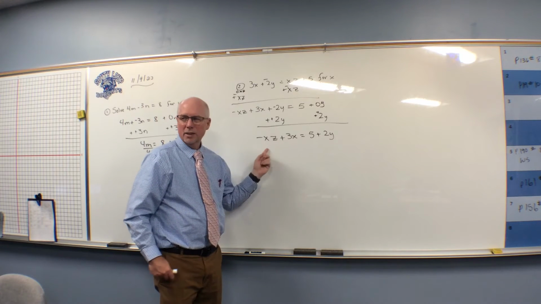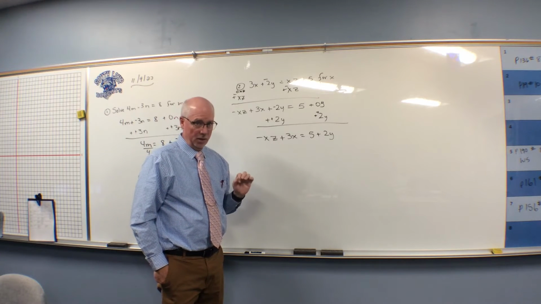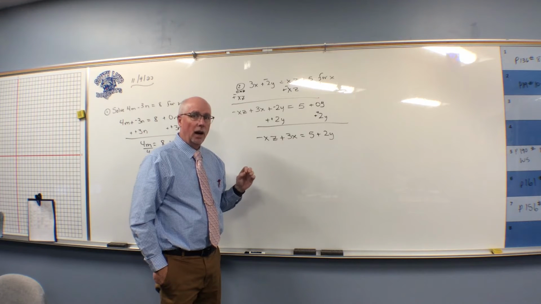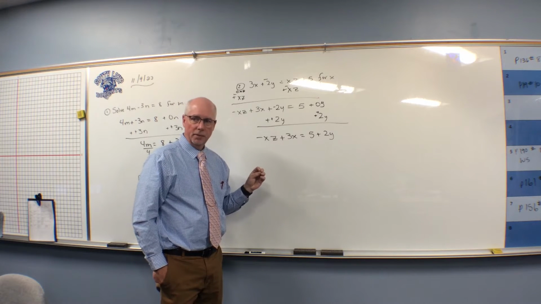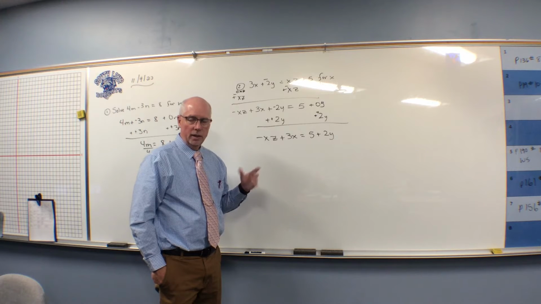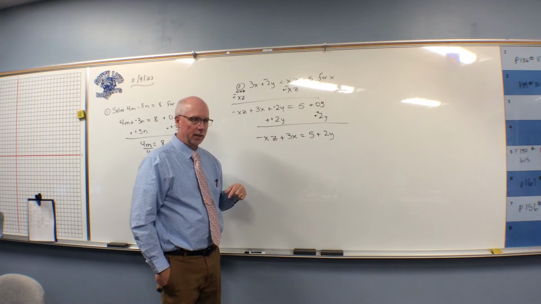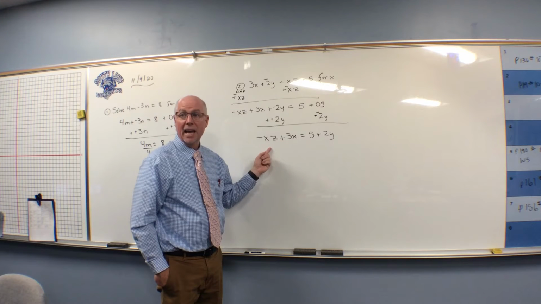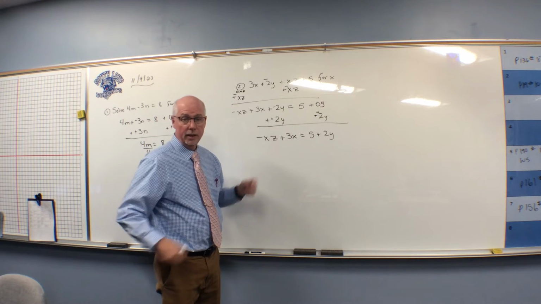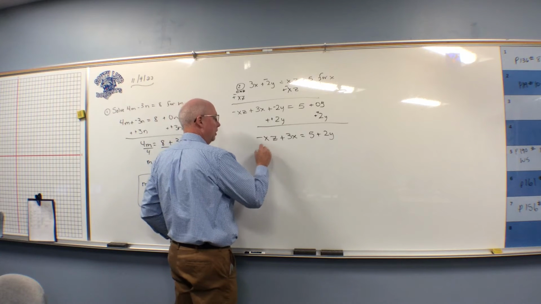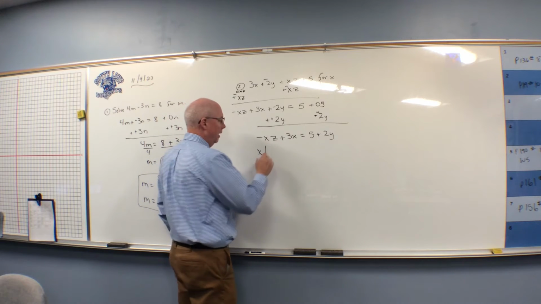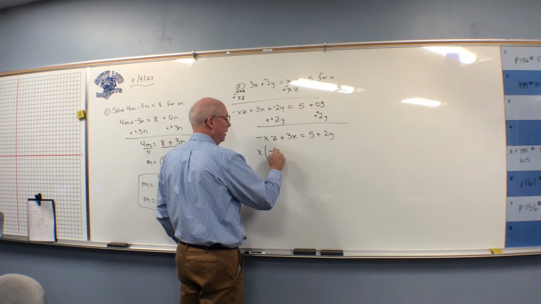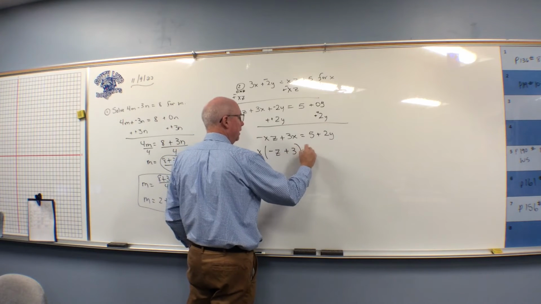What I'm about to do is probably the scariest moment of this. I want to use the distributive property and reverse it, so I'm distributing out instead of in. What do both of these have in common? X. Right? So I want to factor out an x, leaving a negative z plus 3 on the inside.